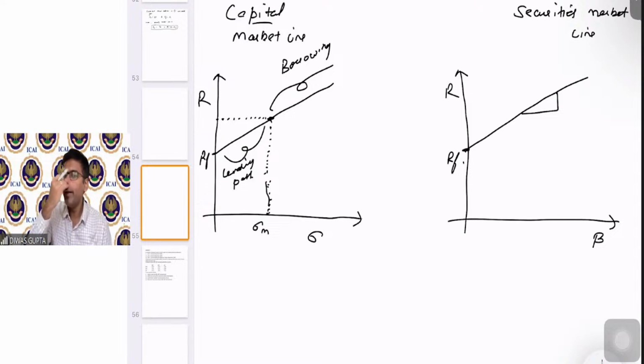So in a way, wherever our standard deviation of market touches that line, the left-hand side and the right-hand side are split according to this.